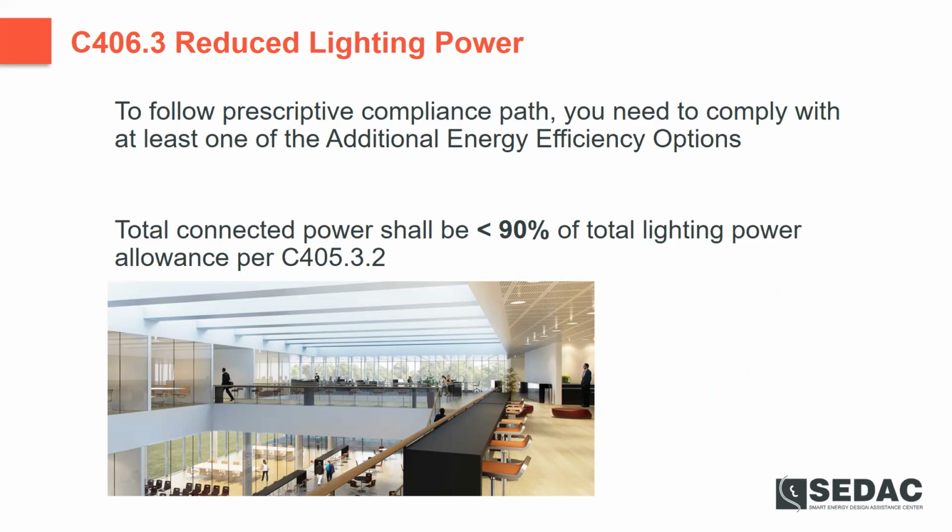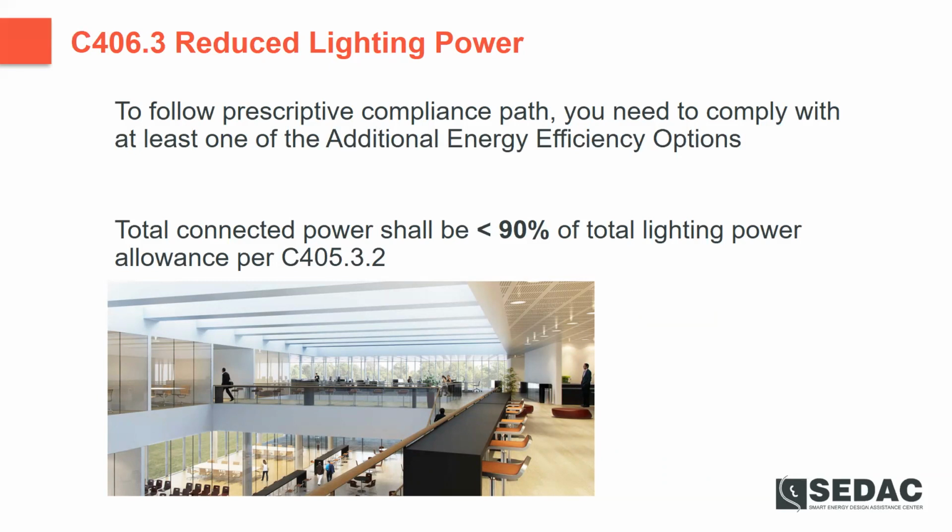So here, it's noting that to comply with this section, total connected power should be reduced by 10%. So 90% of your total lighting power allowance per the lighting connected power section. And if you remember our earlier example of the 200,000 square foot office with 50,000 square feet of daylit zone, you only required a 10% reduction in lighting connected power in order to not have to install and commission all those daylighting sensors.